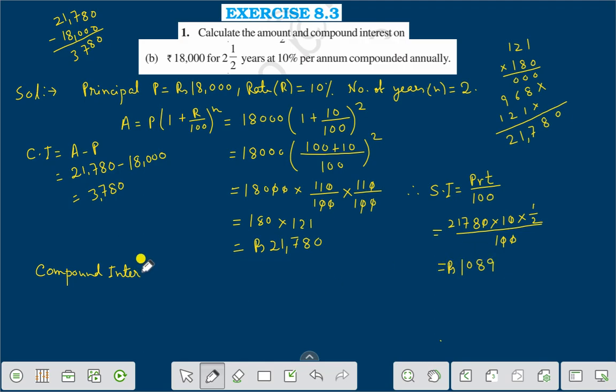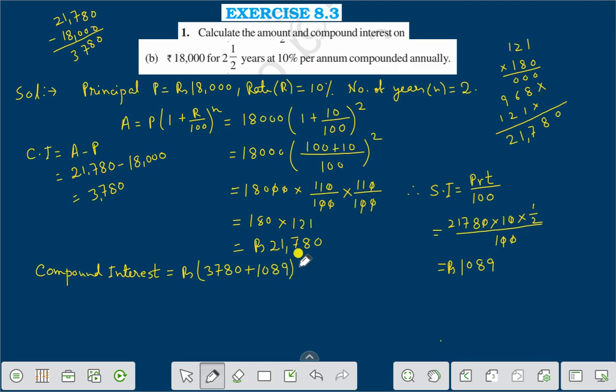Therefore, total compound interest is equal to rupees 3780 plus rupees 1089.